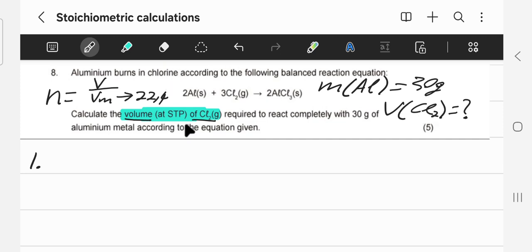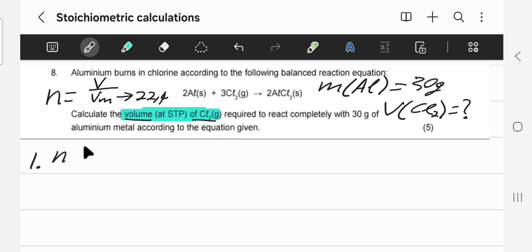We will be making use of ratios. Remember, I said stoichiometric calculations are about us using ratios. Let me get into it. So the first thing that we do is to convert this mass into the number of moles. So we are going to look for the number of moles of aluminium given that we have its mass. So that's our step number one.